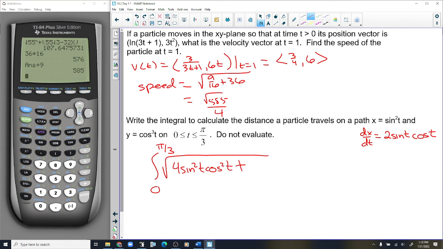We got that squared. Now I need the derivative of this right here. So dy/dt is equal to 3 cosine squared of t times negative sine of t. But we need to square that as well. 9 cosine to the 4th t times sine squared t dt.